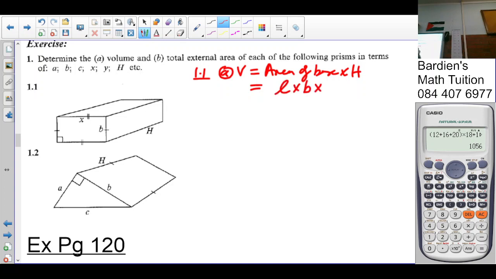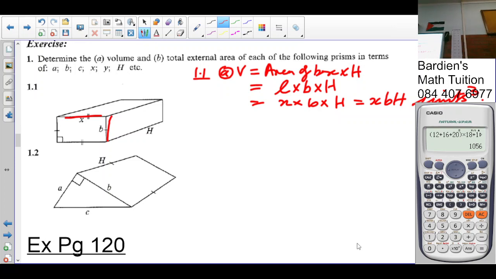Length times breadth times height. So what's my length here? X. My breadth? B. My height? H. So that is just XBH or BXH, whatever. If it's centimeters, it's centimeters cubed. But is there anything there? No. So we just say units cubed.